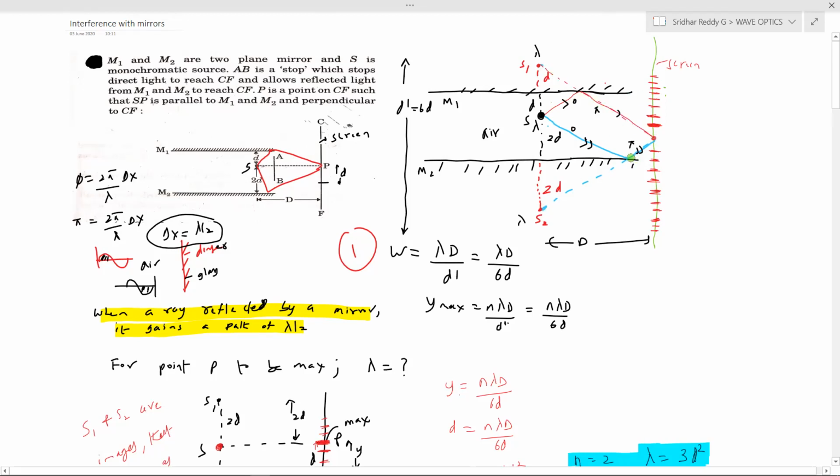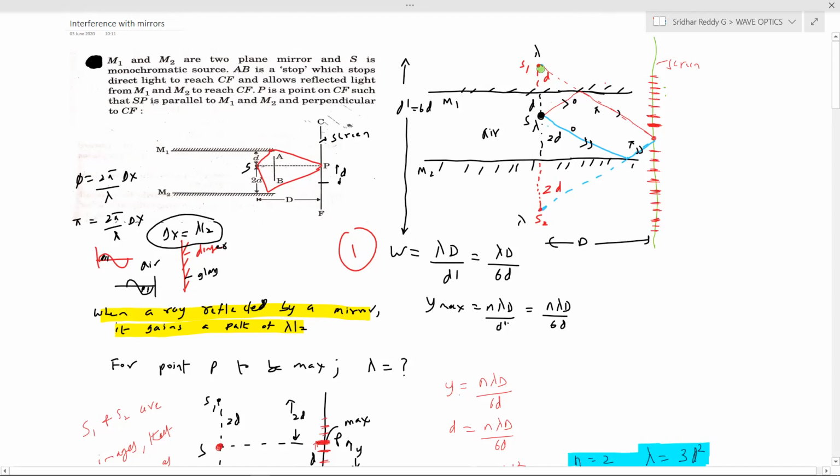Similarly, this reflected ray will traverse the path as if it is emitted by the source S2. From ray optics, we know the object distance should be equal to the image distance. D and D. What is the object distance from the source to the mirror M2? 2D. Then the image will be formed at distance 2D. So this S1, S2 will be like coherent sources of wavelength lambda.